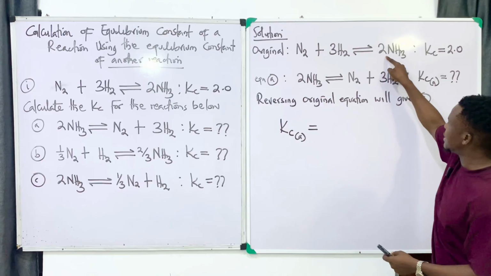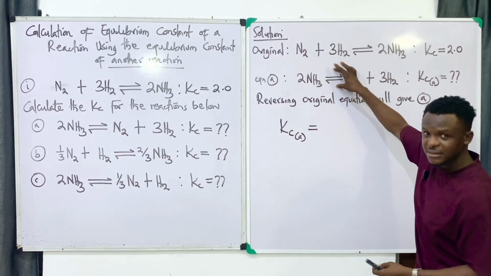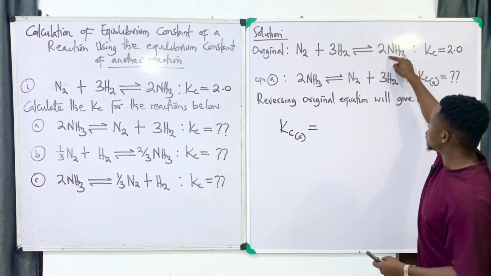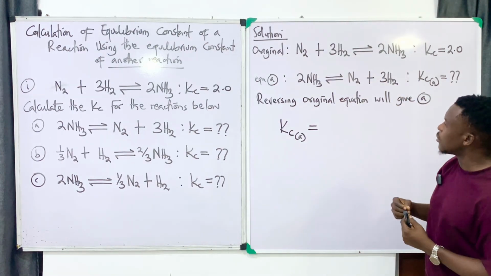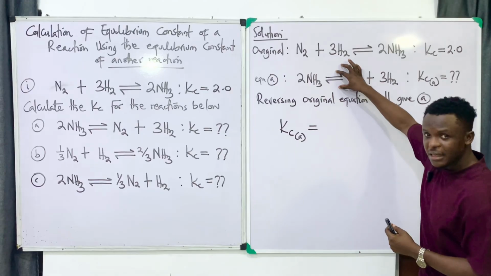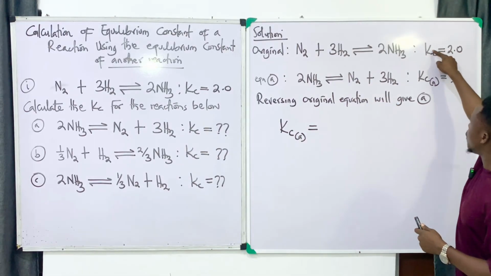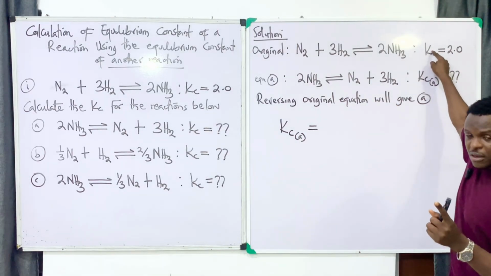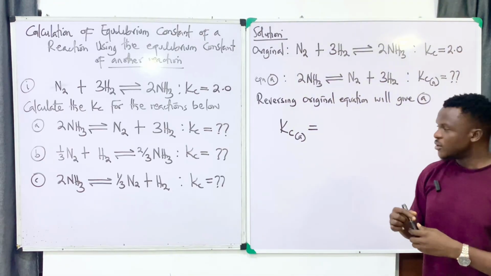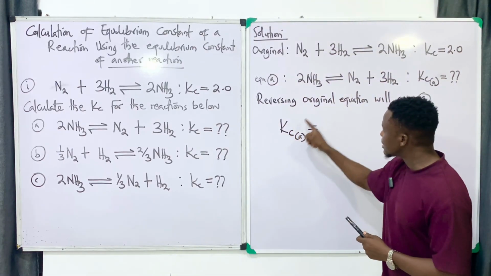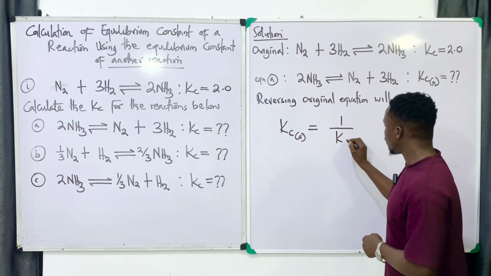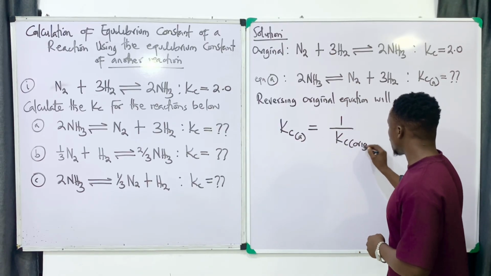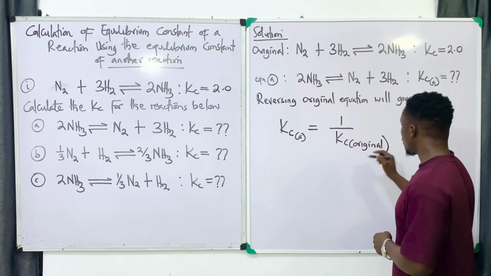So if I reverse this equation, I will get this. That means once I reverse this original equation, I'll get equation A. So for me to get the equilibrium constant of equation A, I am going to take the reciprocal of the original equation's constant. Reciprocal means 1 all over. So the equilibrium constant of equation A would be the reciprocal of the equilibrium constant of the original equation. Why?